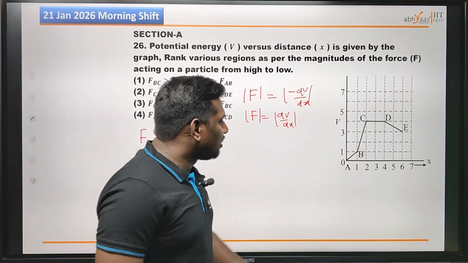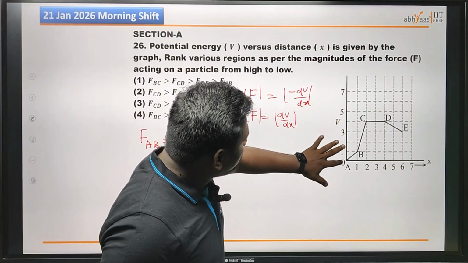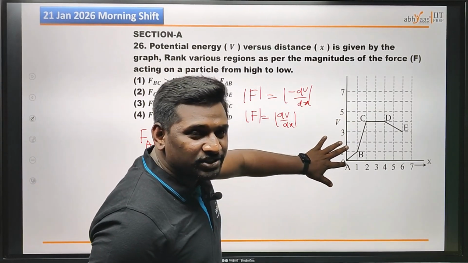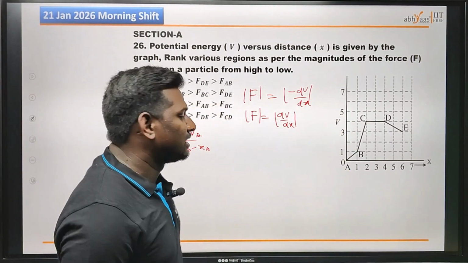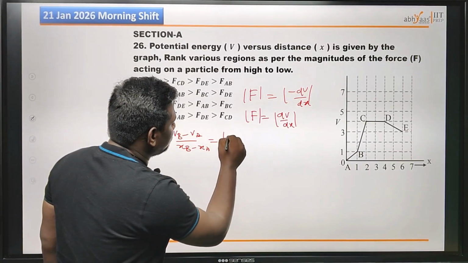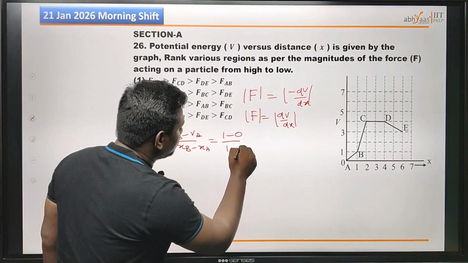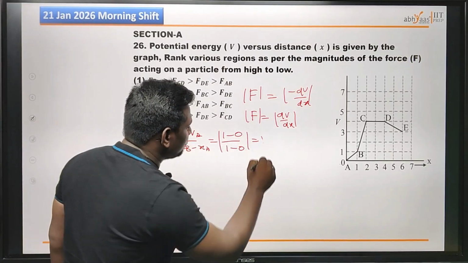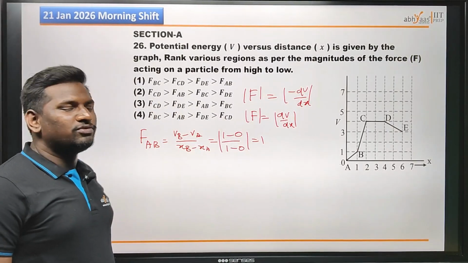If you observe the graph, we have point A at 0 and point B at 1. So 1 minus 0 by 1 minus 0. If you solve this, we get the value 1.